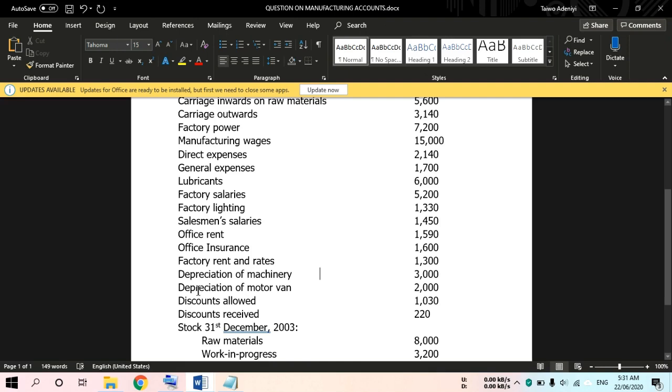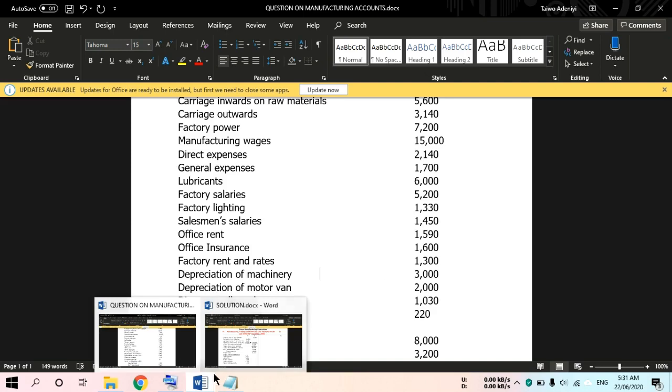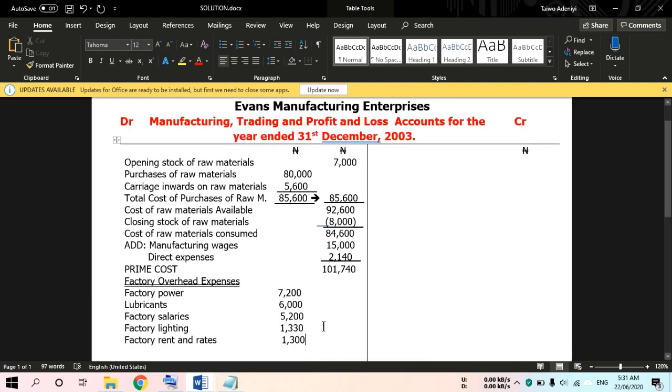We have two depreciations here: depreciation of machinery and depreciation of motor vans. So the depreciation of machinery will be in the factory overhead. That is 3,000 naira.